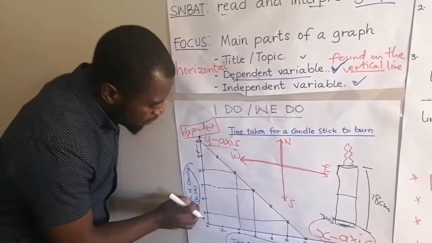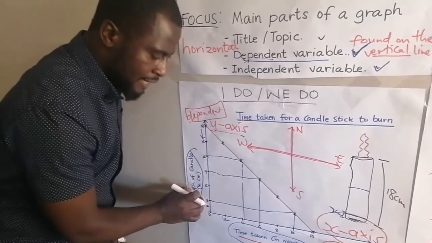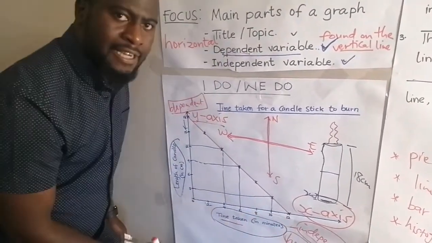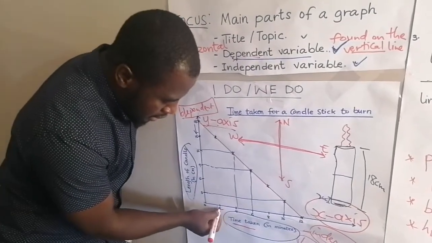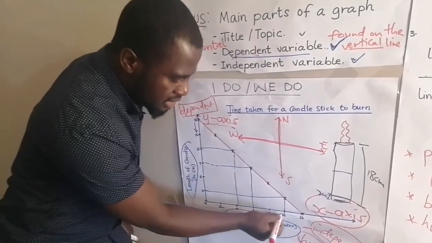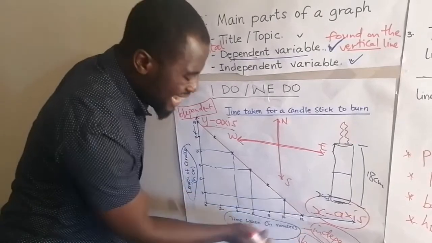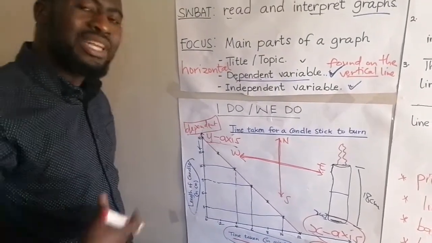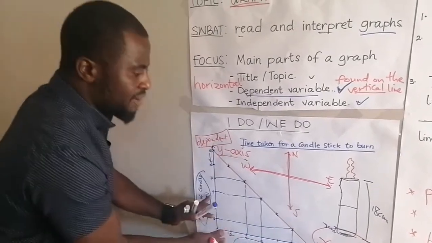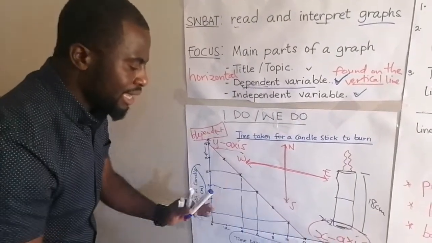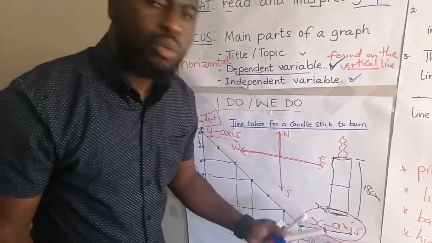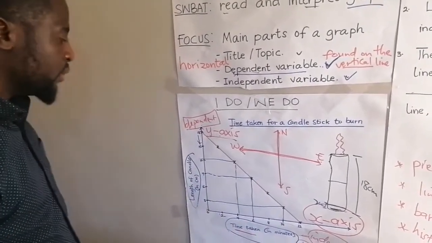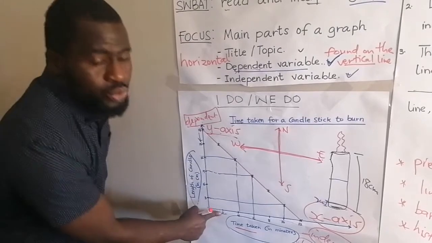Great. So our dependent variable should always be written here. Your independent variable should always be written here. So these numbers, 2, 4, 6, 8, 10, 12, are our independent variables. Now, when I draw this graph and randomly ask which variable represents our independent variable, you shouldn't say 2, 4.